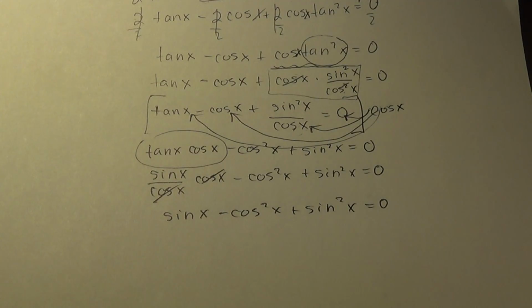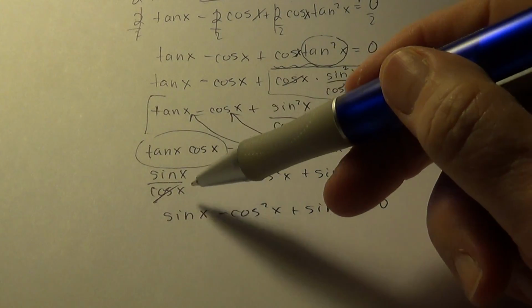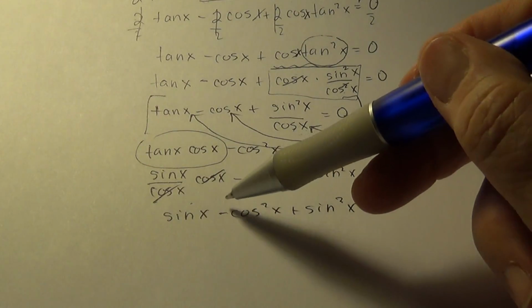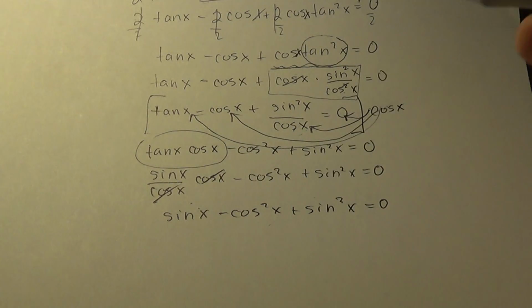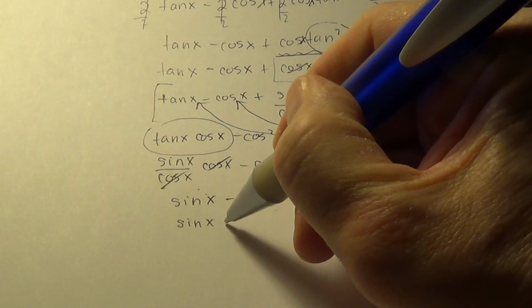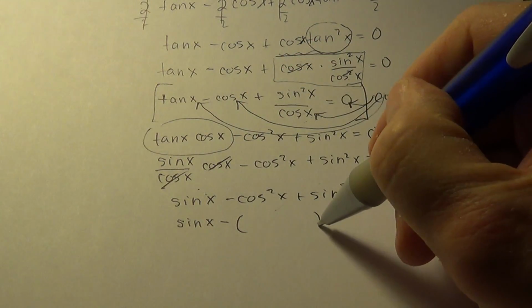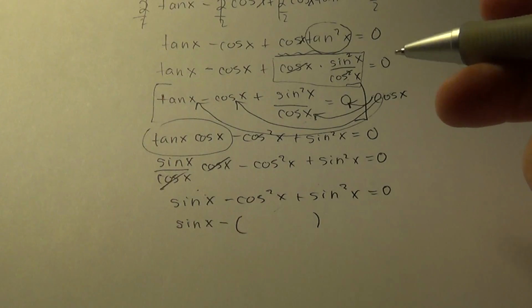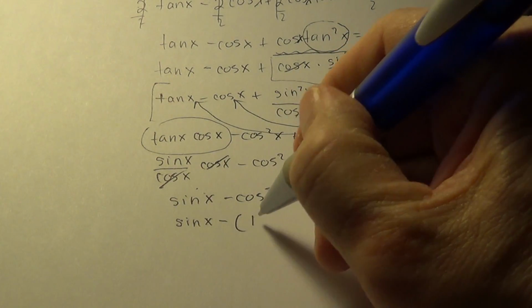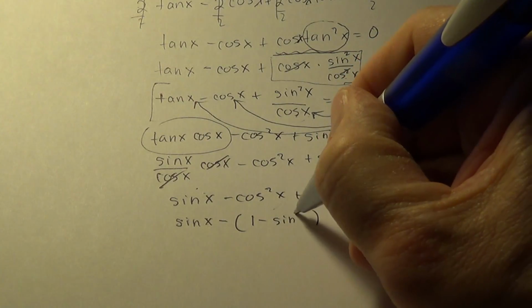All right, I have taught you to always work in one function or another. So because I have sine and sine squared, is there a way that I can rewrite cosine squared in terms of sine? And I hear through my magic ear a resounding yes. Cosine squared, you'll recall from our Pythag IDs, is 1 minus sine squared.